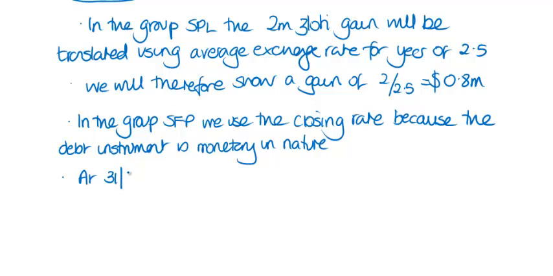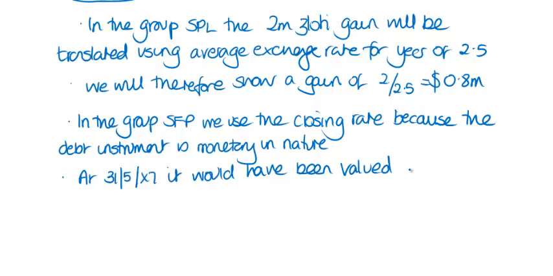At the 31st of May X7, it would have been valued at 10 million divided by 3, because at the end of last year our exchange rate was 3 zloty to the dollar. So that gives us a figure of $3.3 million.